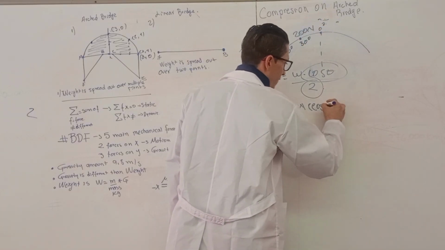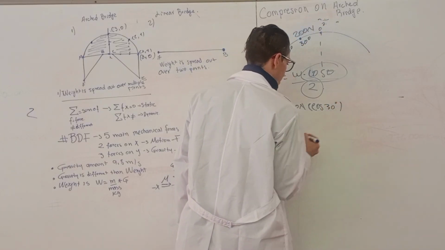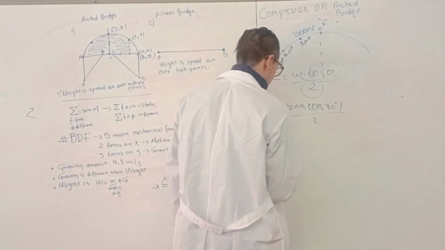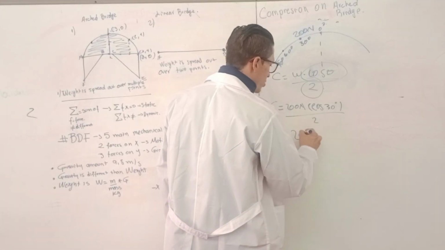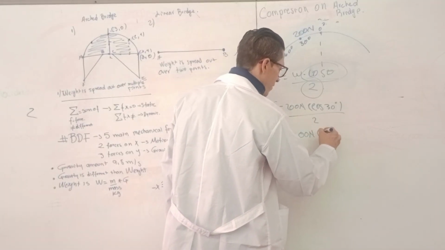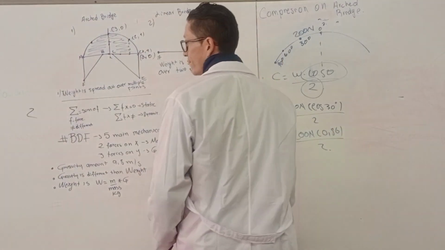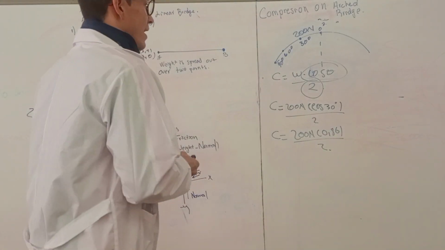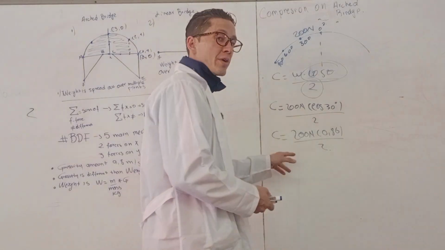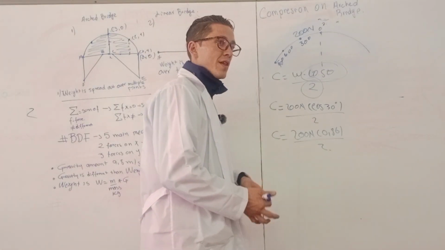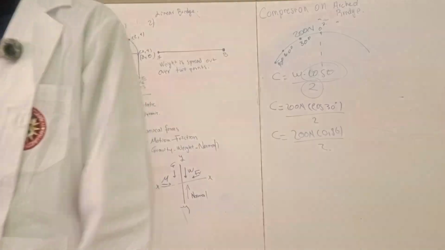What is this angle? 30, divided by 2. It must be 200 newtons divided by 2. That's the compression force. Then you gotta figure it out by yourself.